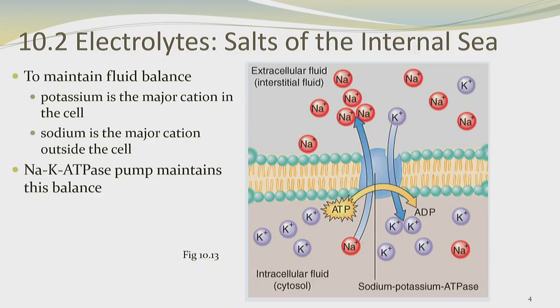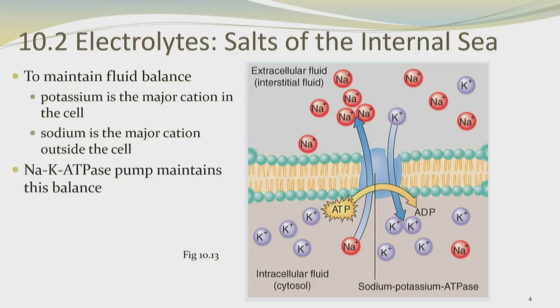You can think of this ATPase as a cell membrane protein that helps maintain a higher concentration of sodium outside the cell and a higher concentration of potassium inside the cell. Intracellularly, we want a higher concentration of potassium, and extracellularly, a higher concentration of sodium.